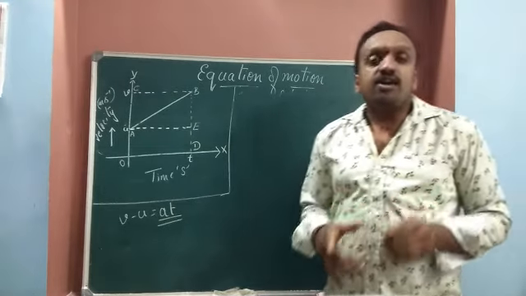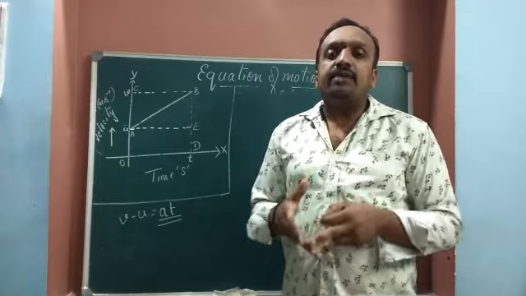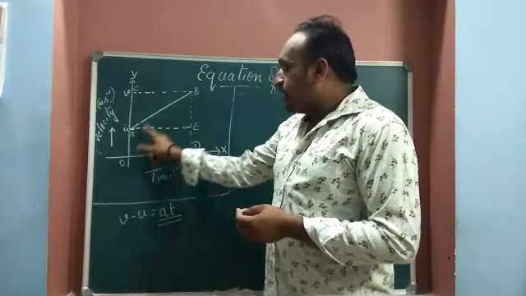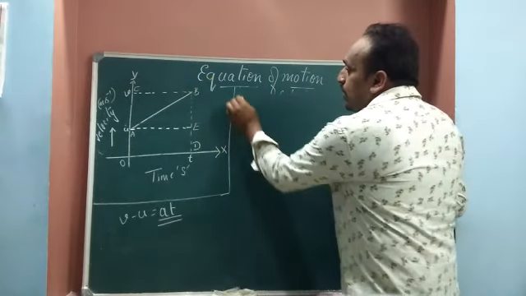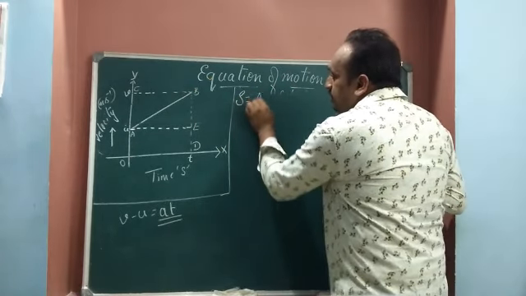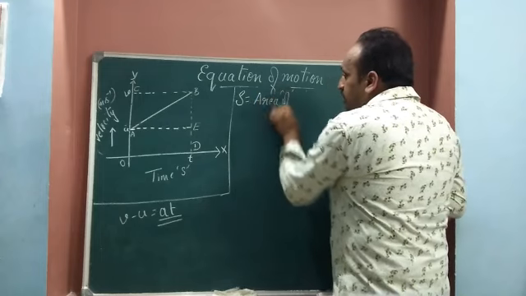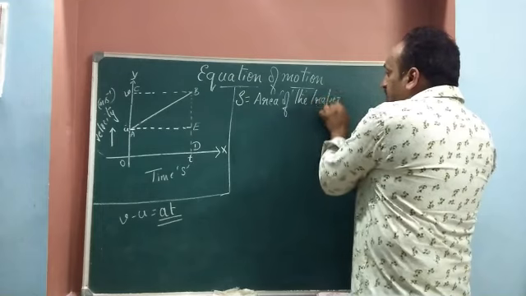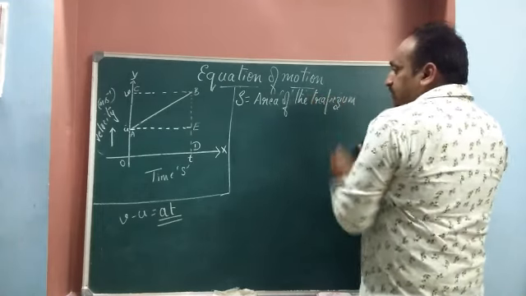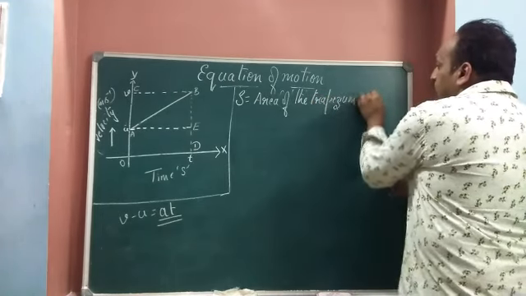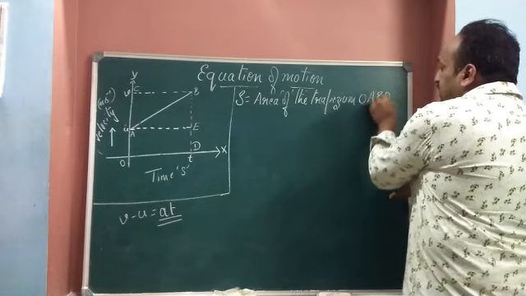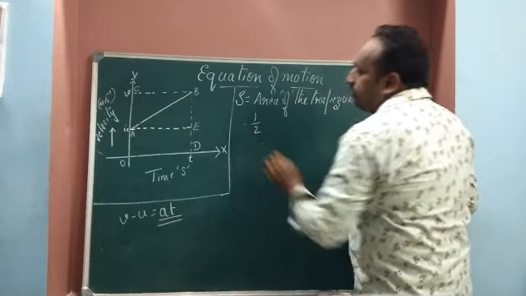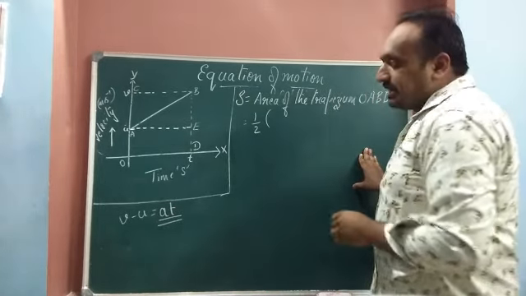The distance travelled S with the time t will be equal to the area of trapezium OABD. Area of trapezium is half of the sum of the parallel sides.